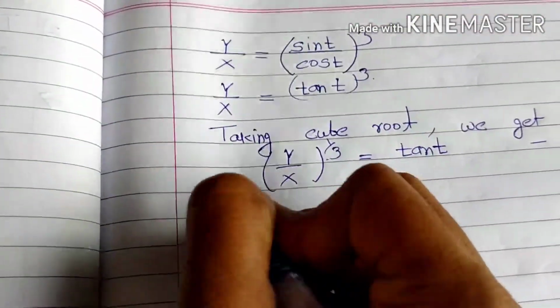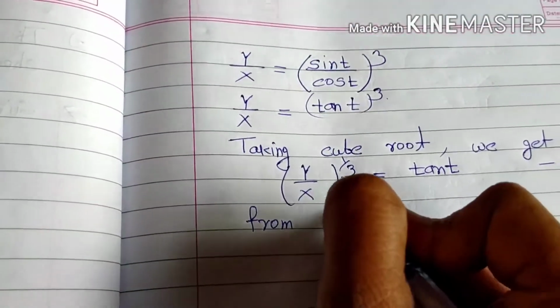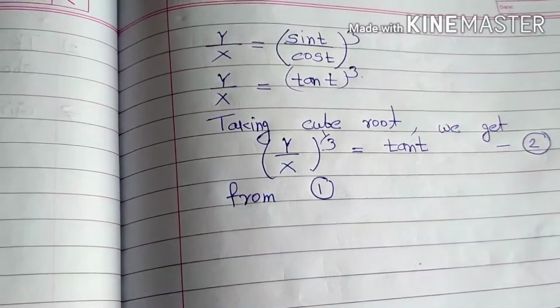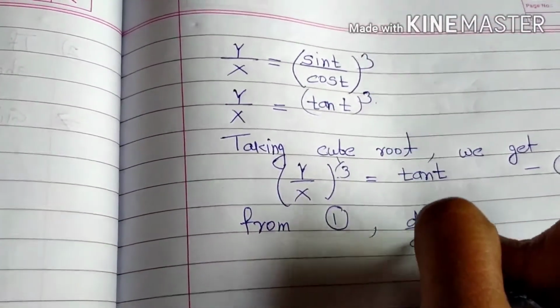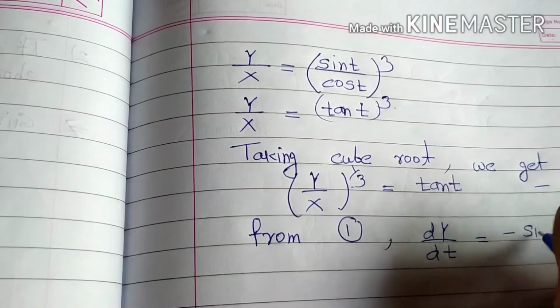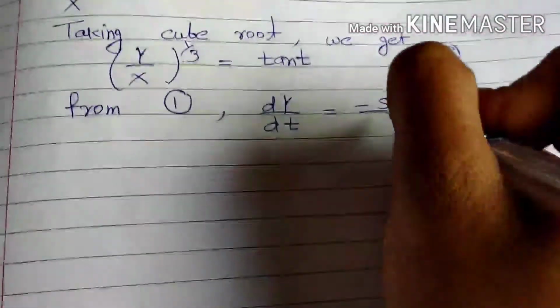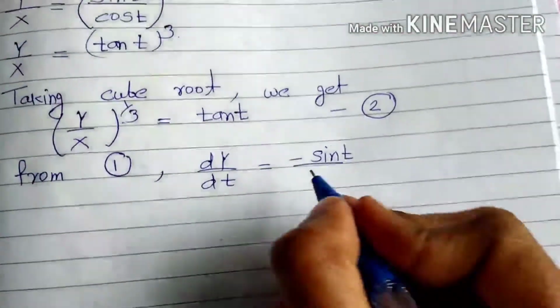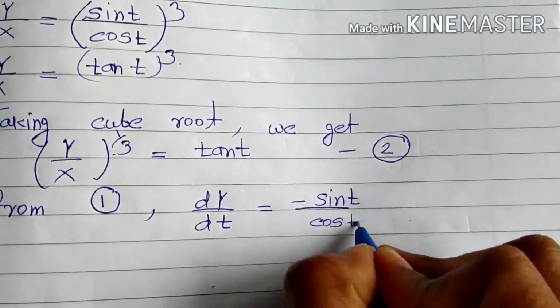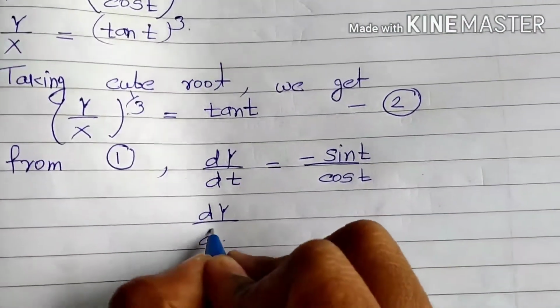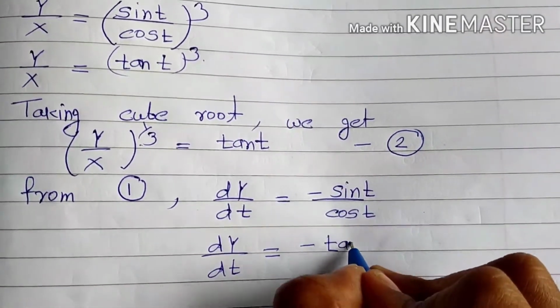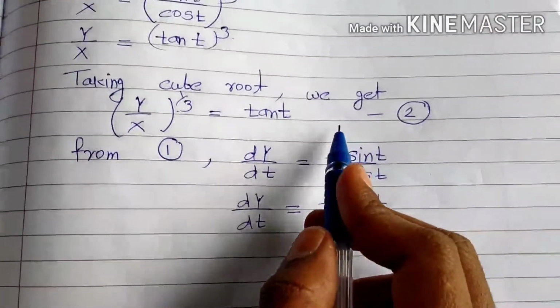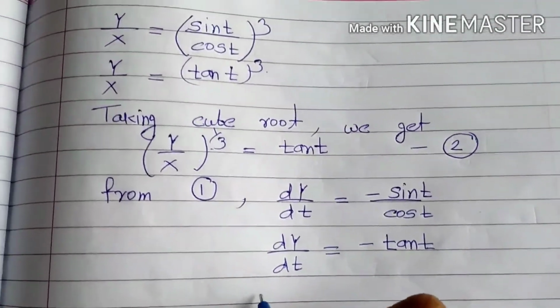So from first, dy upon dx is equal to minus sin t upon cos t, so dy upon dx is equal to minus tan t, and using second, the value of tan t is y upon x raised to 1 by 3.